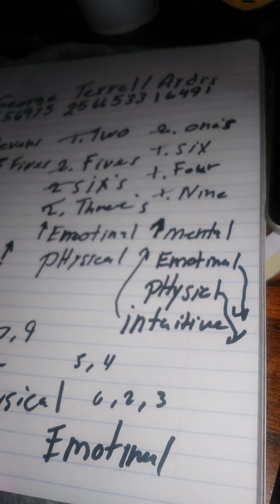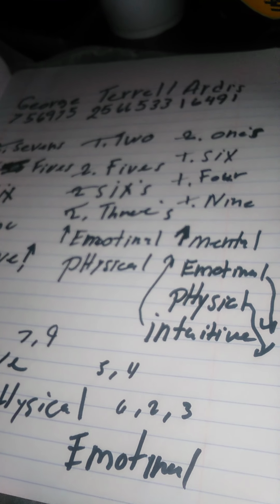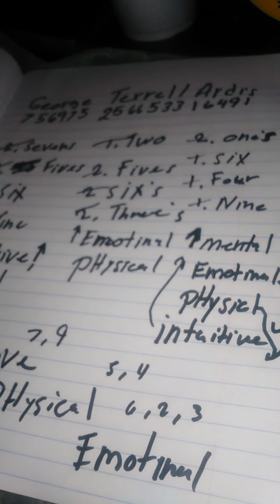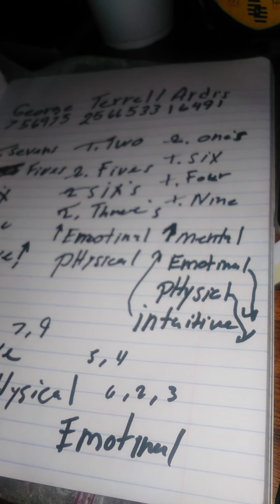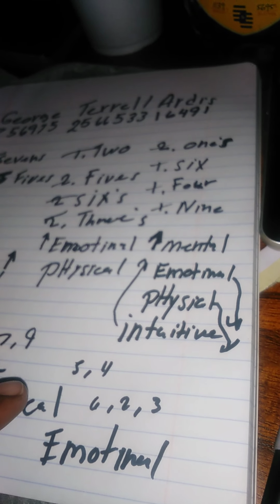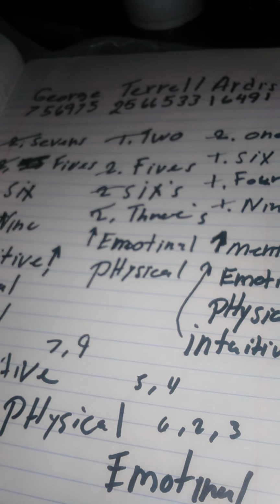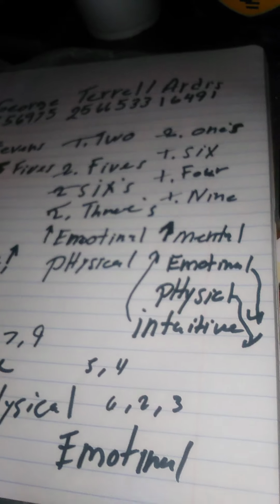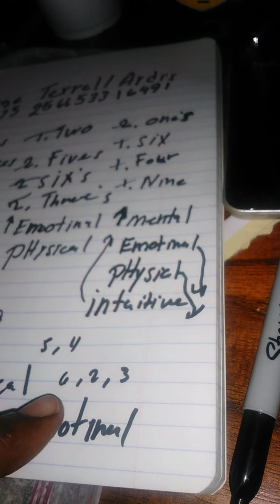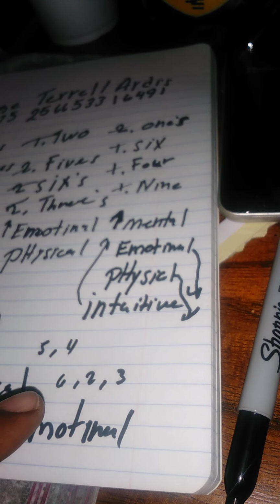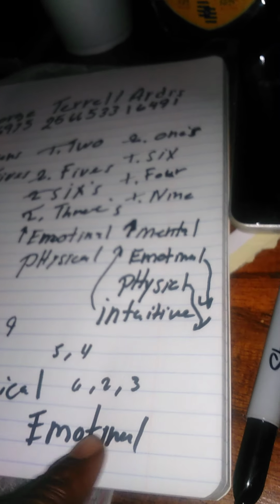I have 2 7s, 2 9s. I have 4 5s and 1 4. And then I have 4 6s, 1 2, and 2 3s, which makes it more in the emotional plane.